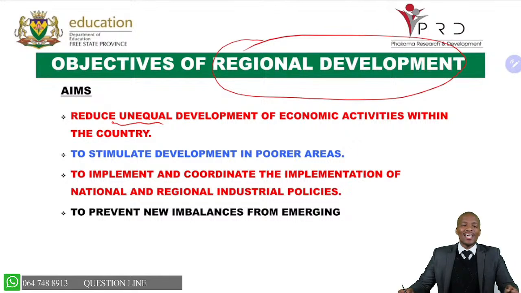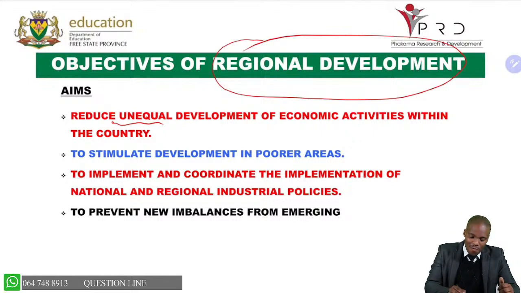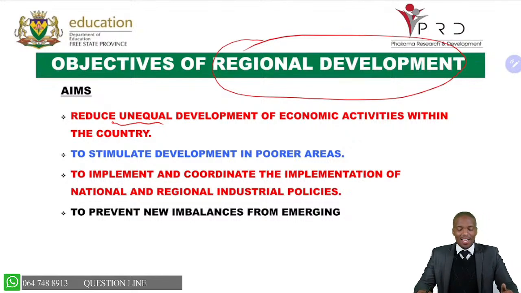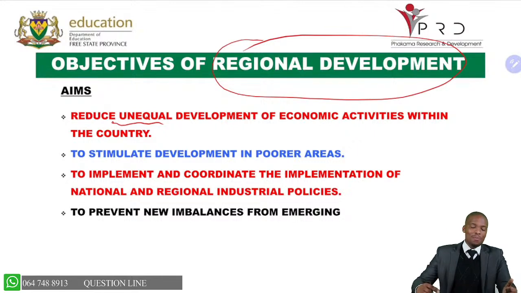The second one is the issue of integration. Integration is associated with spillover, where we are saying that we should ensure that the benefits of one region become a spillover to other industries and areas.